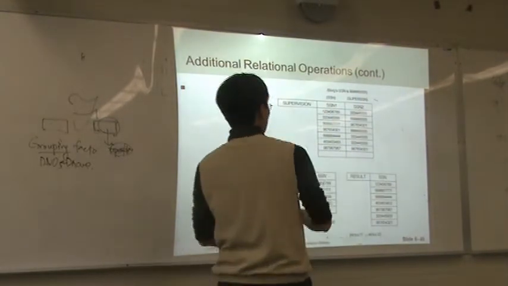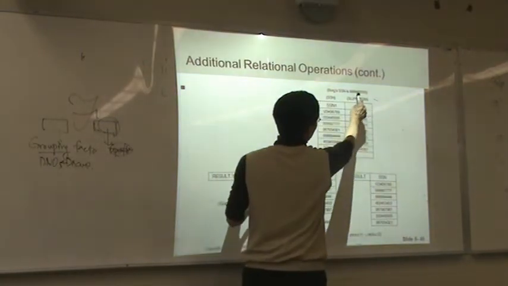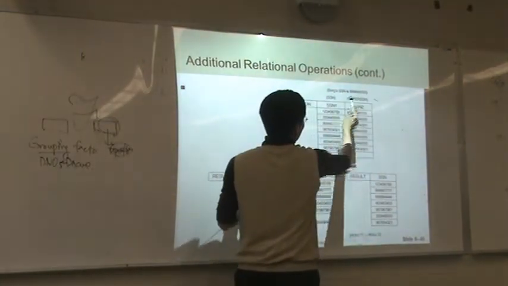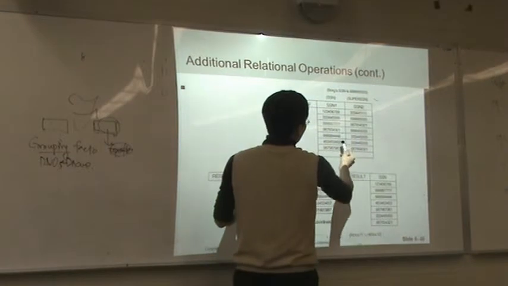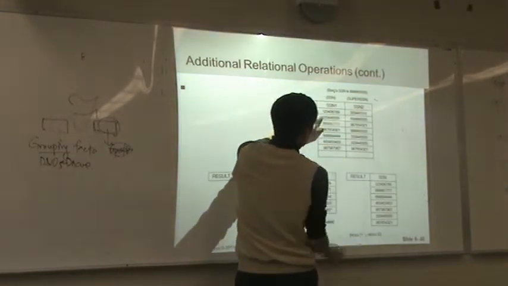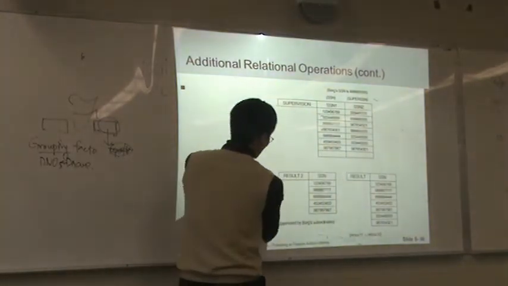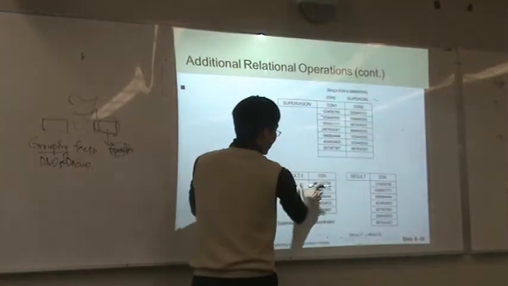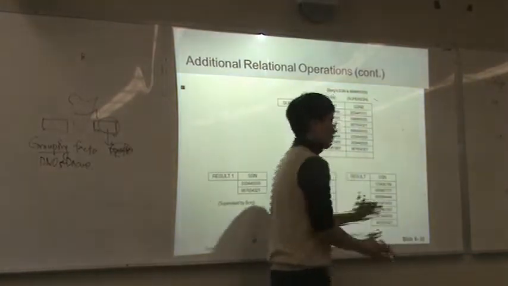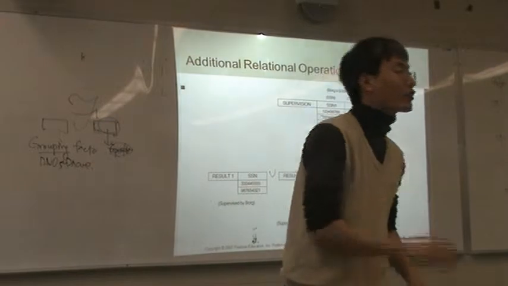Without using such things, we need to retrieve first. So 888665555 is the gross social security number. Then we have 333445555 and 987, something like that, two employees. So for the two employees, we get the supervisor of these. Then finally the union of this and this, then we get the data in case of recursion.